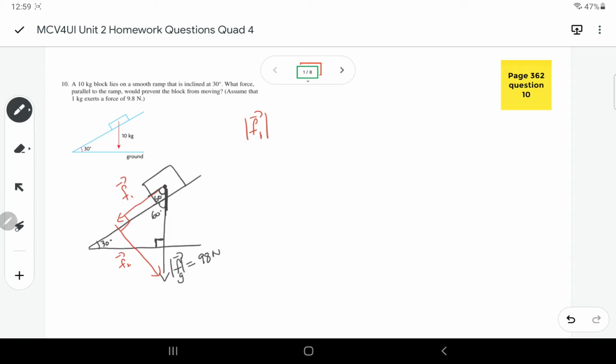So I could say that the magnitude of F1, if I want to draw that out, that's 60 degrees. So I could say the magnitude of F1 over 98 is cos of 60.